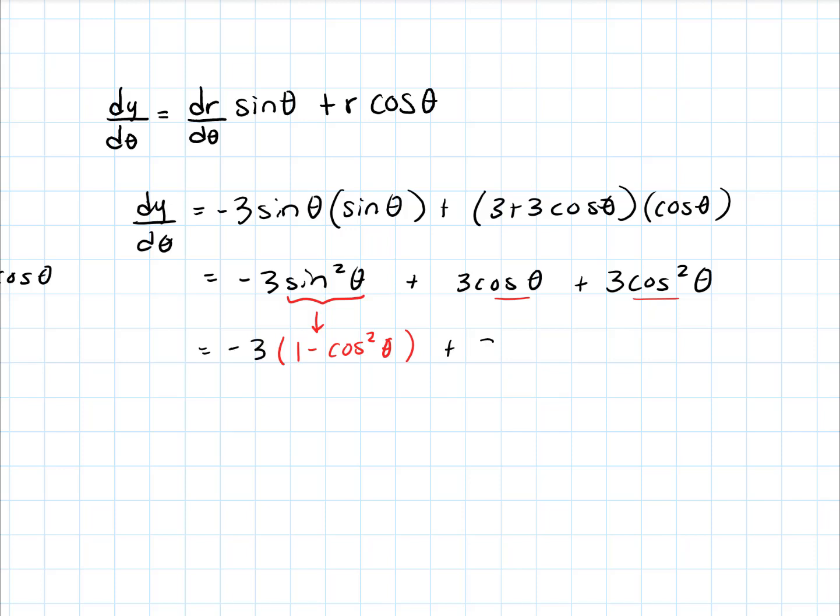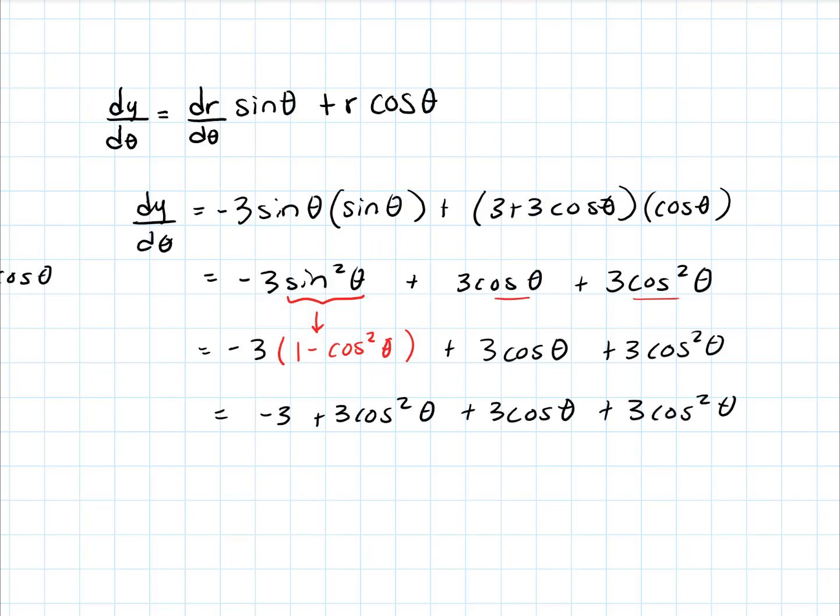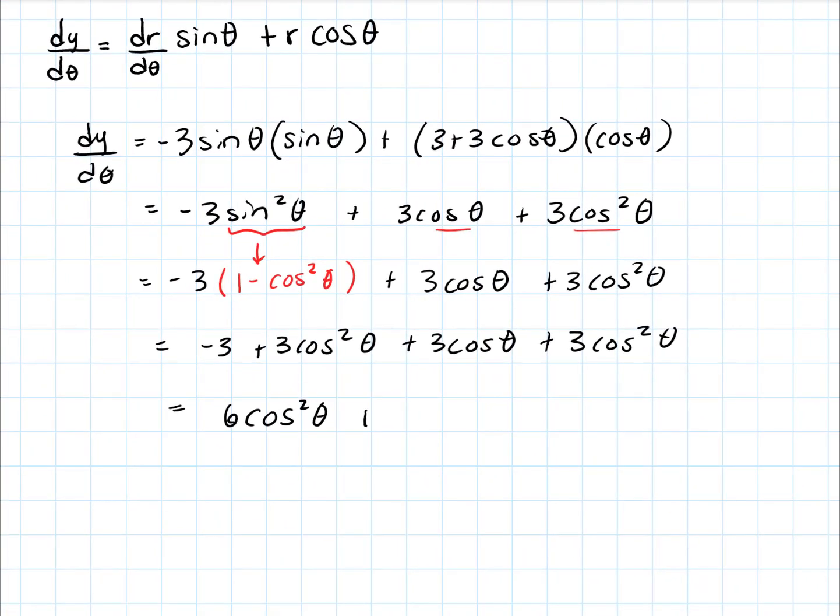Again, working with some trig simplification, seeing what we can get here. -3 plus 3 cosine squared of theta plus 3 cosine theta plus 3 cosine squared of theta. And what do we end up with there? We get a quadratic in cosine: 6 cosine squared plus 3 cosine of theta minus 3.